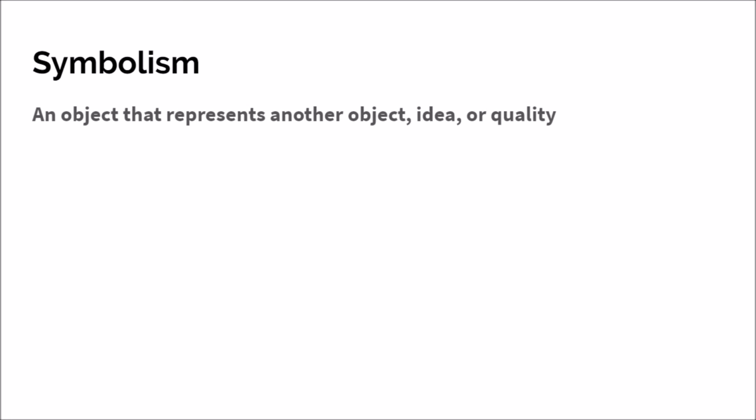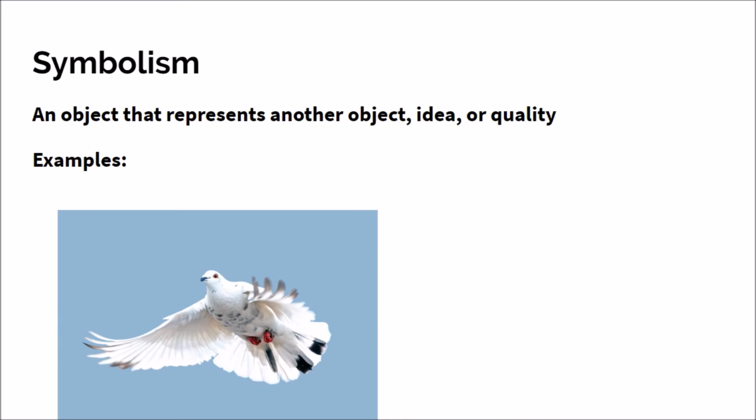All right, next we have symbolism. Symbolism is when we have an object that represents another object, idea, or quality. So some common examples that you may have seen or heard of before, we have a dove, and a lot of the times a dove symbolizes peace.